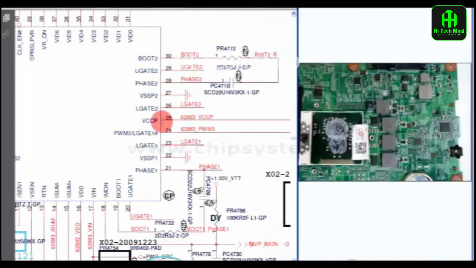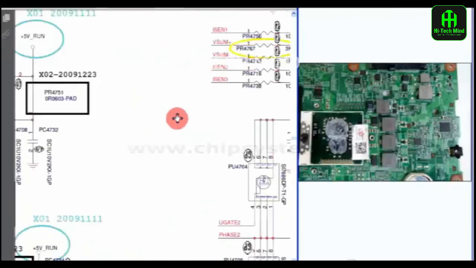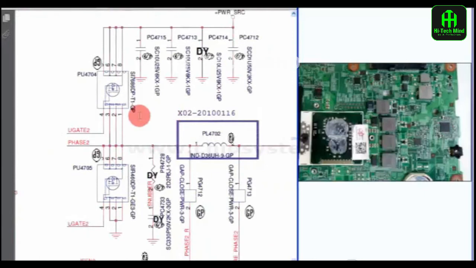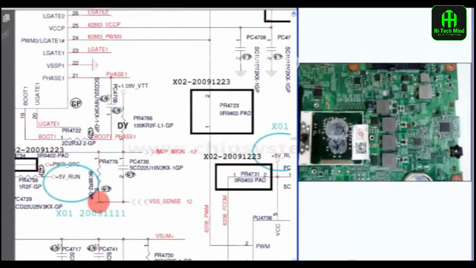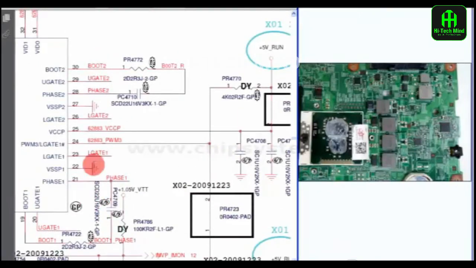Pin number 29 connects to the MOSFET. So upper MOSFET PU4704 gate pin number 4 mentioned upper gate 2, and lower MOSFET PU4705 gate pin number 4 connects to L gate 2 at IC pin number 26.